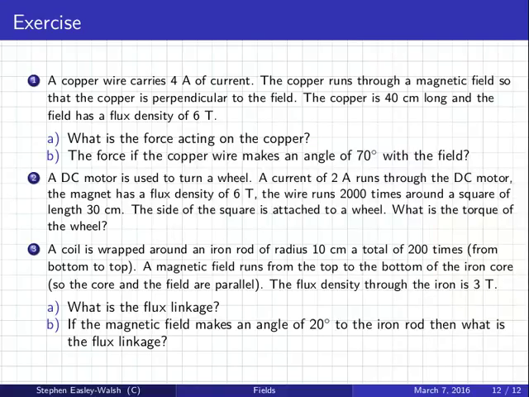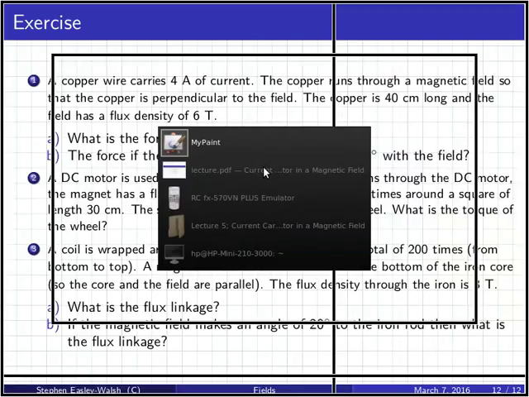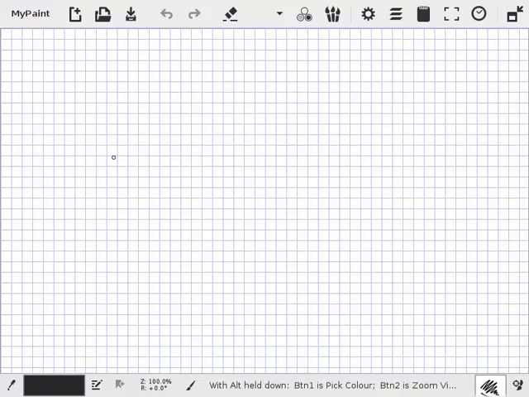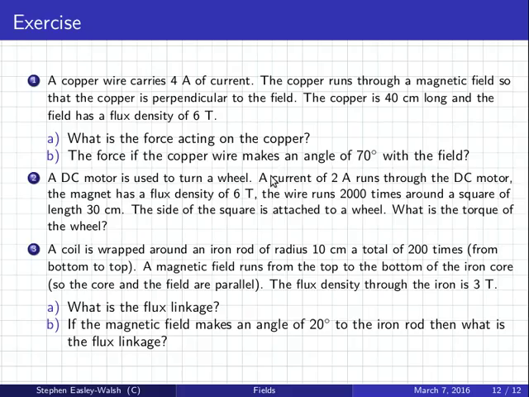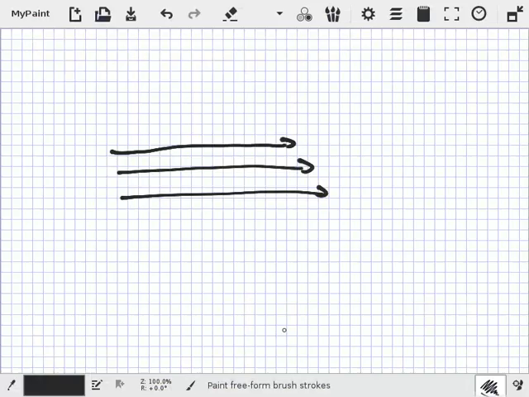So it's like this. Let me open up. Where's my pen? There it is. So let's imagine we have our field like this. I wonder if I miswrote that, because I should be talking about the normal, shouldn't I?